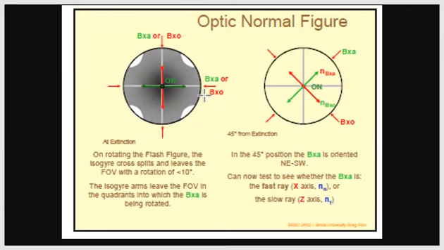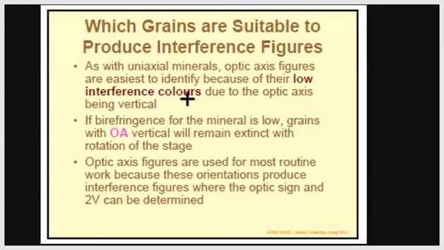So you can see that when you rotate this section, it suddenly disappears, and in one particular orientation, it will be at extinction. With slight rotation, the entire thing will move out. And this flash figure, or optic normal figure, is not a good section to study the optic sign of a biaxial mineral.